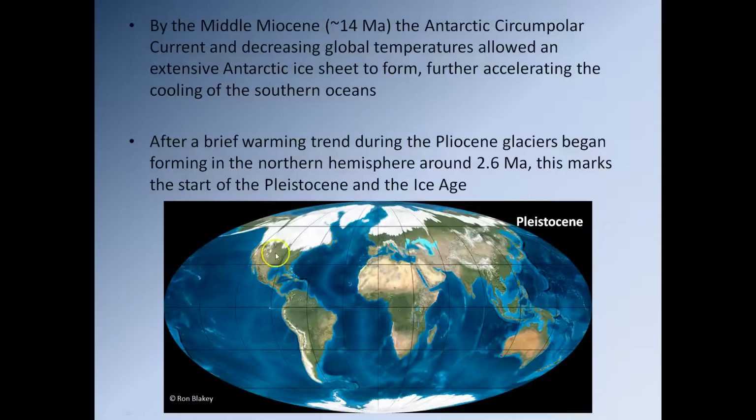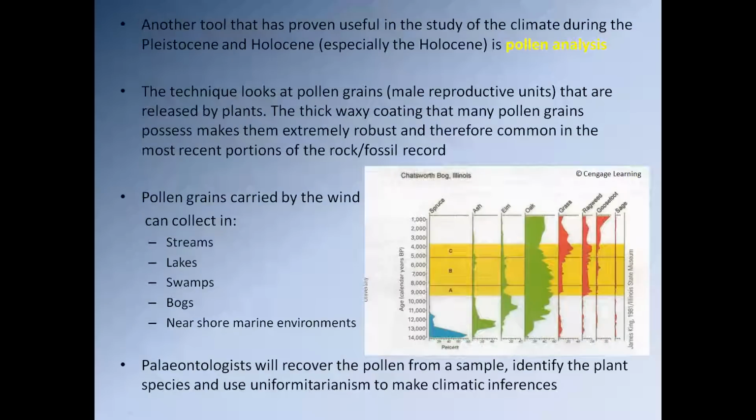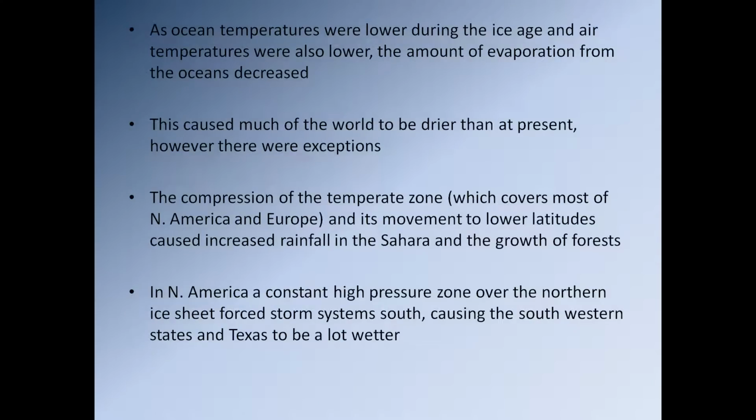It forces all this warm air to come this way, and so all the rain is falling across the southern United States and Mexico. So this caused the southwestern United States and Texas to be considerably wetter than they are now.